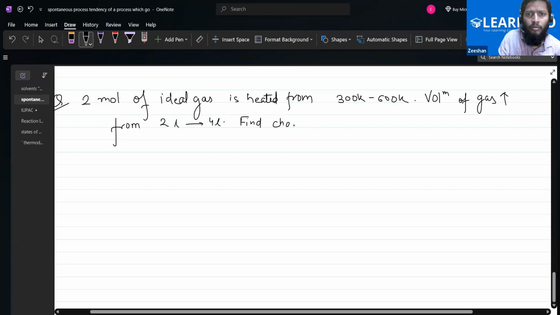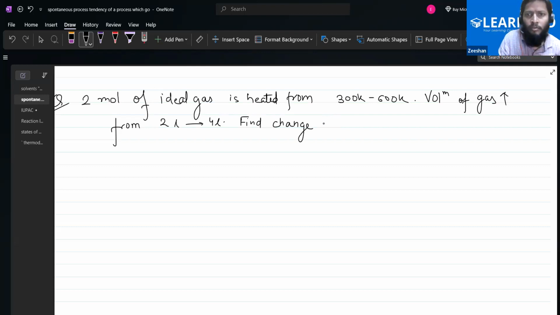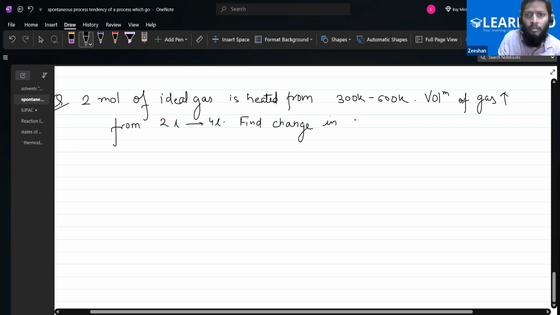And find the change in entropy. Now, you just have to use the formula and solve this question. Can you do this?